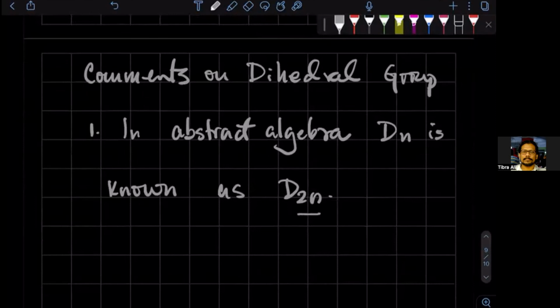Because there, this index is referring to the number of elements or the order of the group, whereas in geometry, it's referring to the number of sides of the object whose symmetry group Dn is.